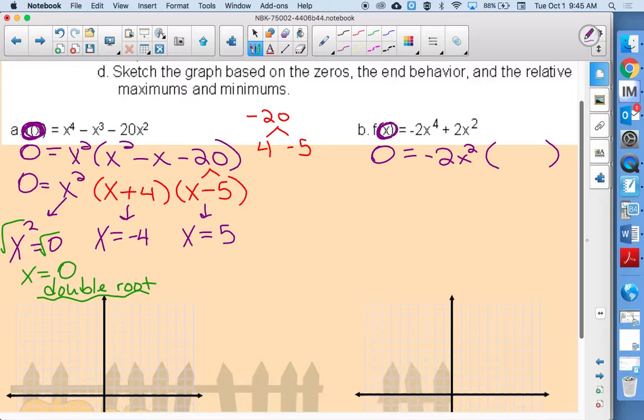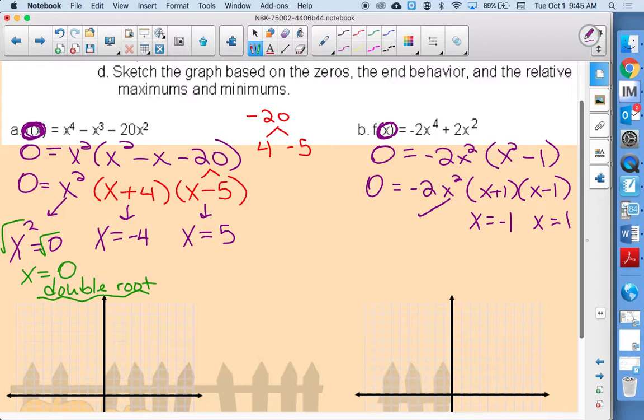And then you would have x squared. Good. How could you further factor it? How would x squared minus 1 factor? Reese, do you know? x plus 1, x minus 1. Yeah, x plus 1 and x minus 1. So my zeros, I have a -1 and a +1. And then this guy again, because it's x squared, that gives us a double root.